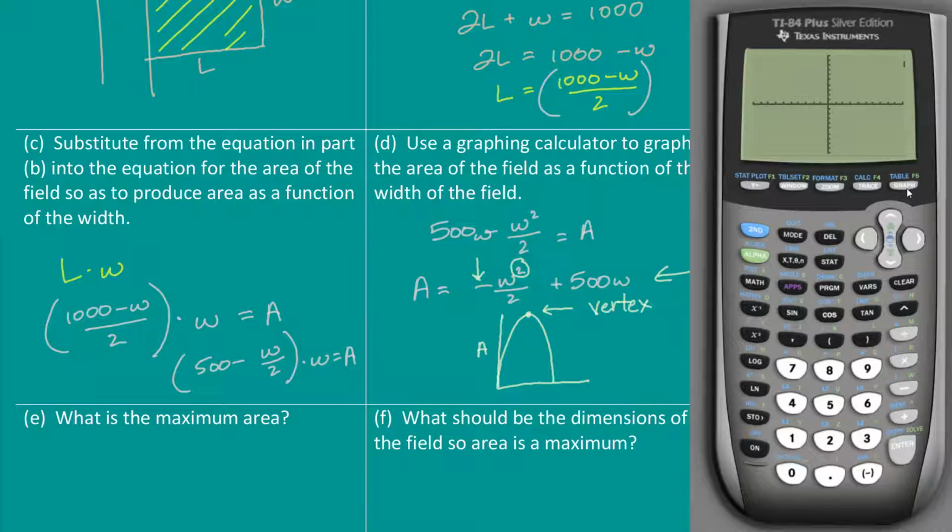When I graph that, it's going to be a downward facing parabola. We'll zoom to fit, and we'll zoom out.